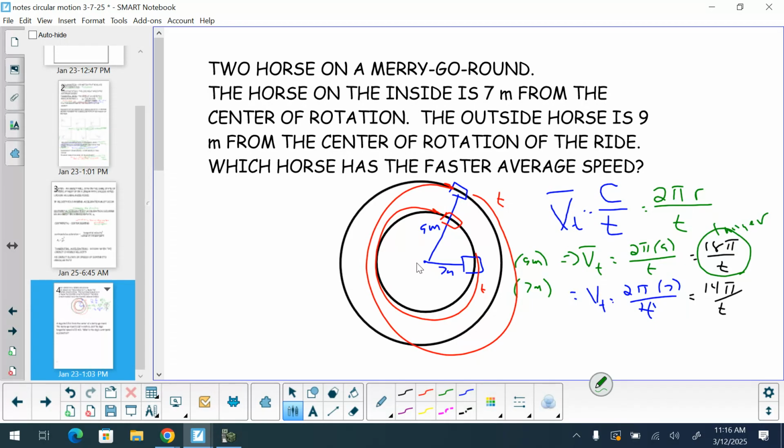But going around the circle, it's going to take the same amount of time to get around. But the one on the outside has to go faster. Why? Because they're going the further distance. So that one has to go faster.